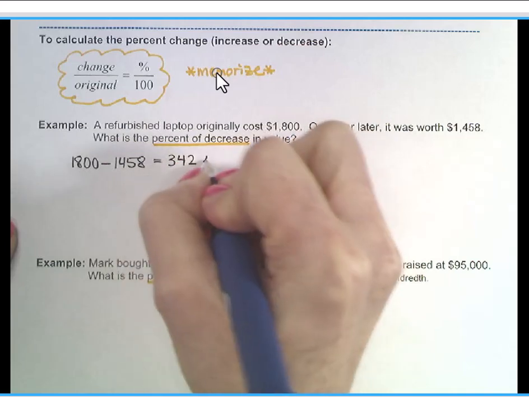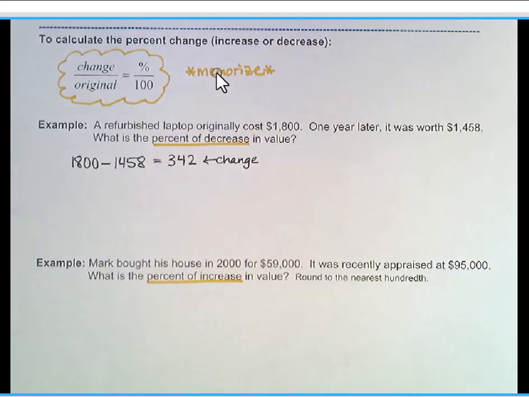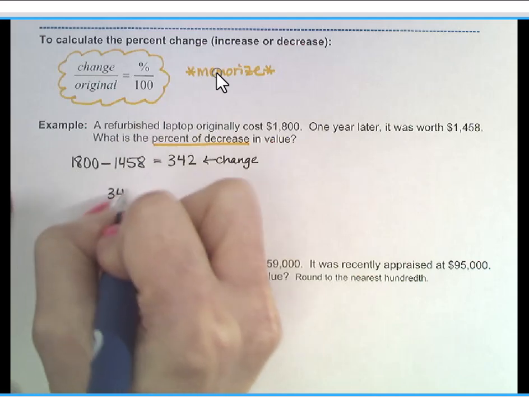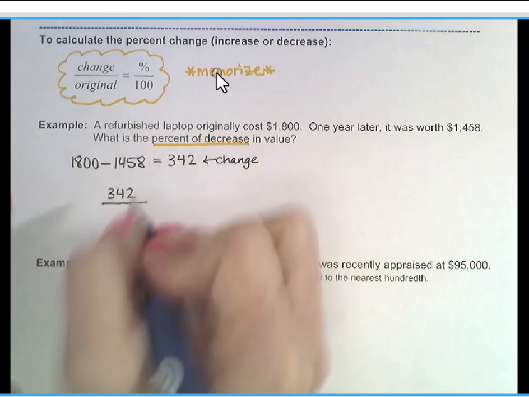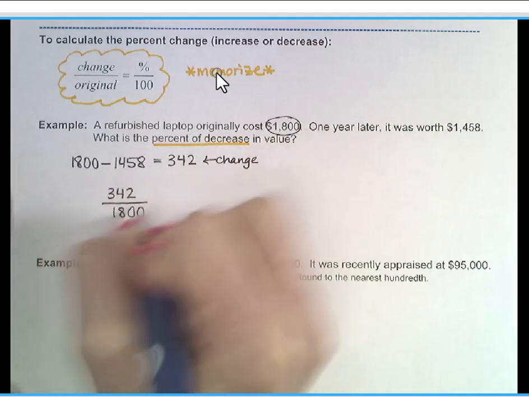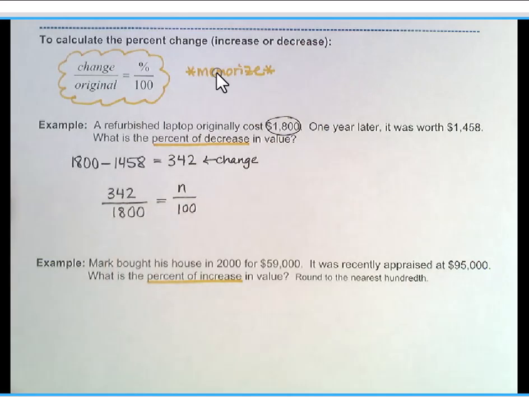And whether that is positive or negative doesn't matter. It's just the amount of change. So we're going to take the change, 342, over the original, and it says in the problem it was originally $1,800. And we're going to put our variable there because we're trying to find out what the percent change is.